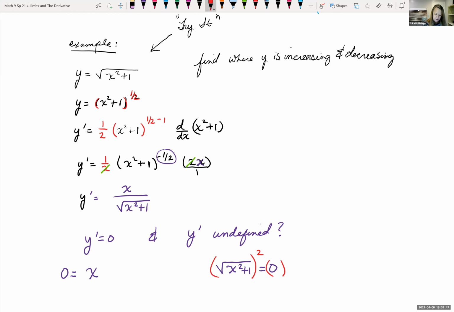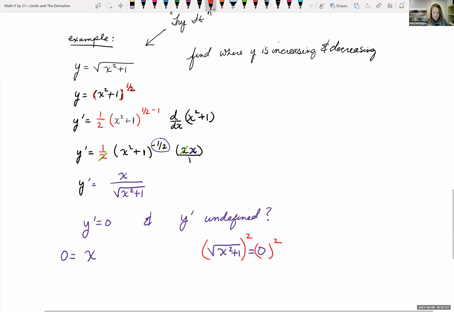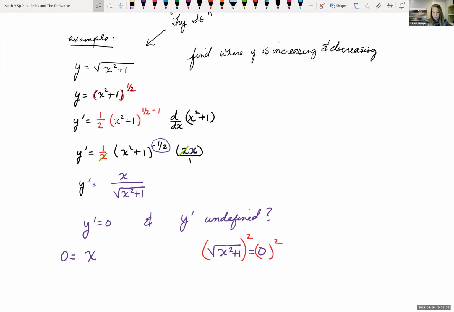Recall when you raise both sides of your equation to an even power, that's telling you that you might get extraneous solutions, so you might have to check this at the end. If I square both sides, the square root cancels the radical, and I'm just left with x squared plus 1 equal to 0 squared, which is 0.